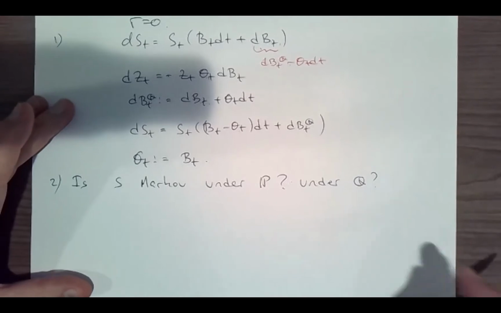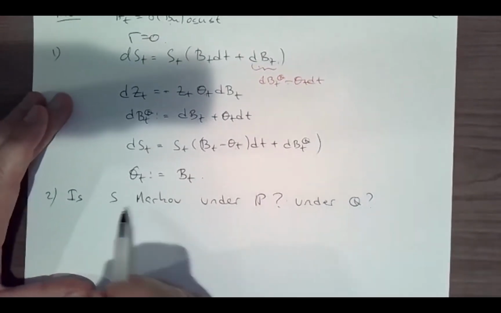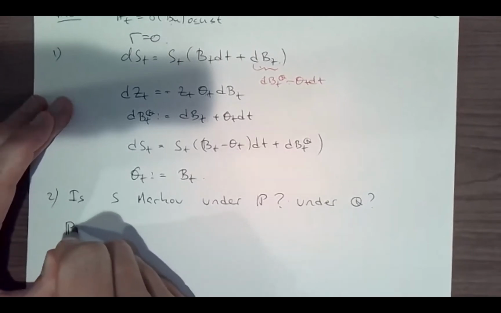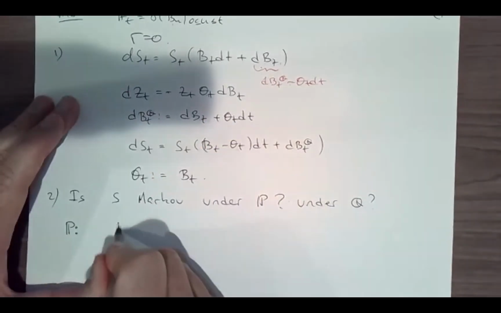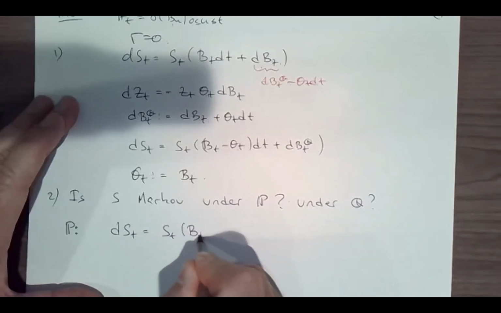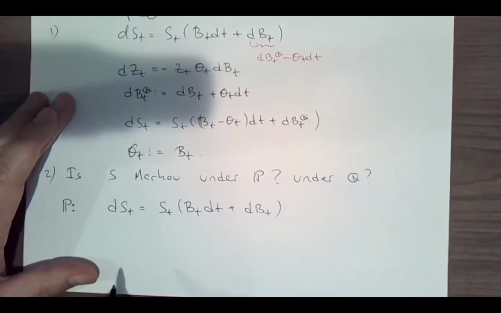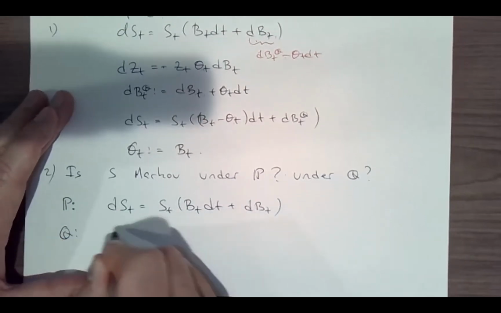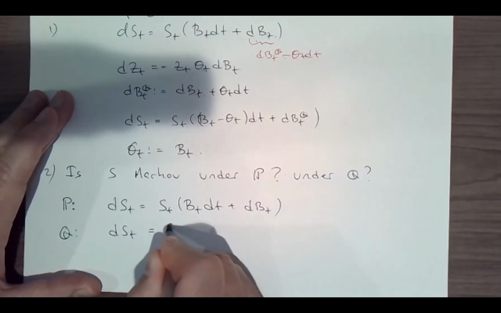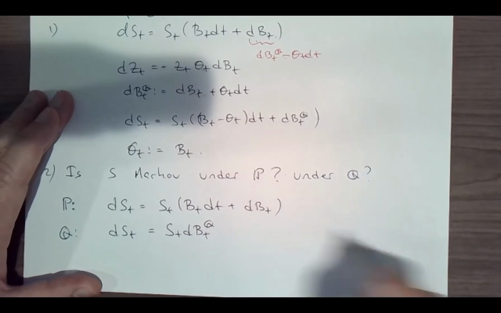So we need a good way to determine whether or not we have a Markov process or not. So if I write down the dynamics next to each other, on the P I'll have dS_t is equal to S_t B_t dt plus dB_t. And on the Q, I'll just have S_t dB_t^Q.